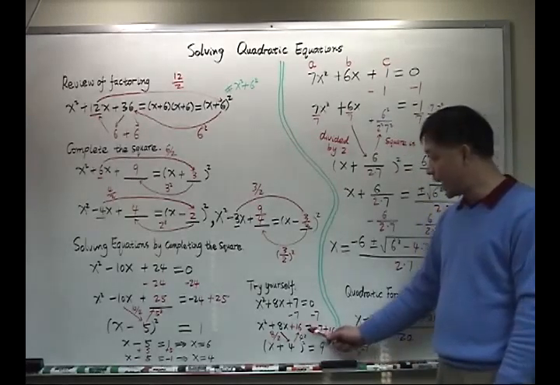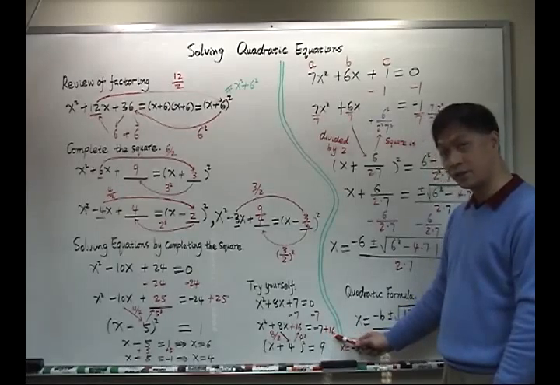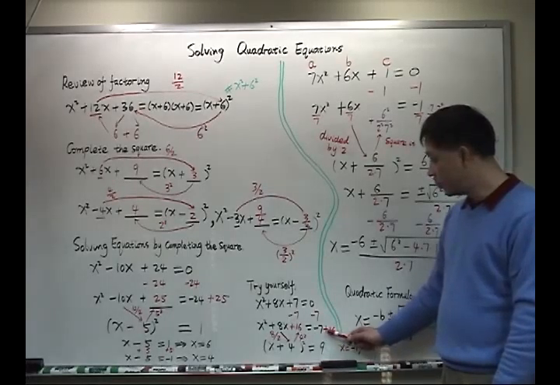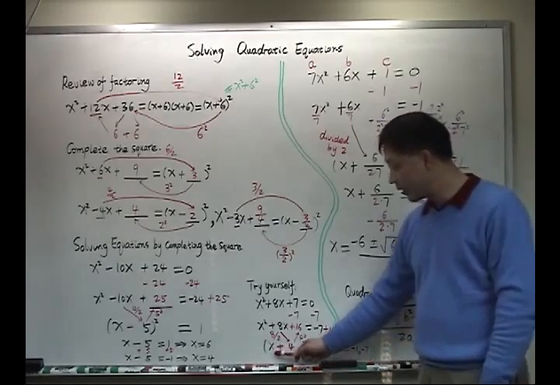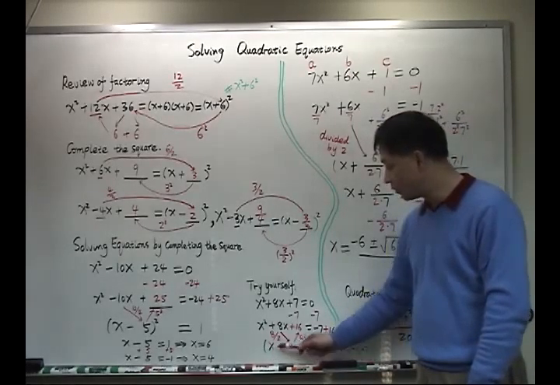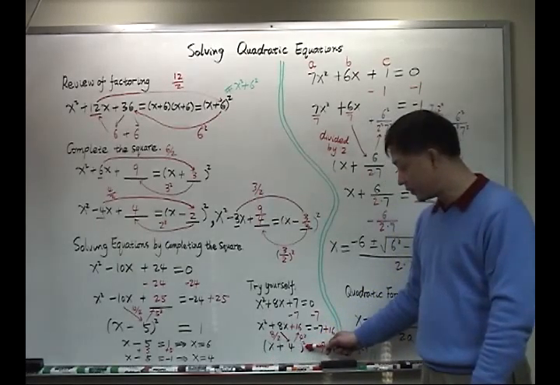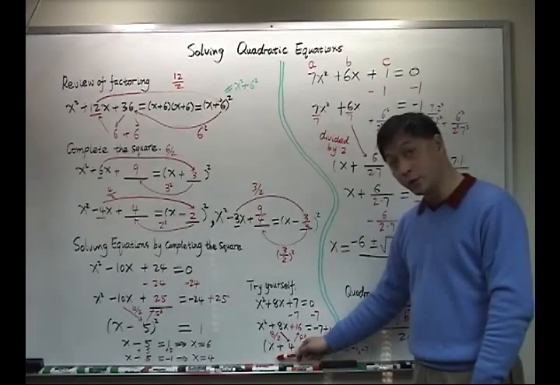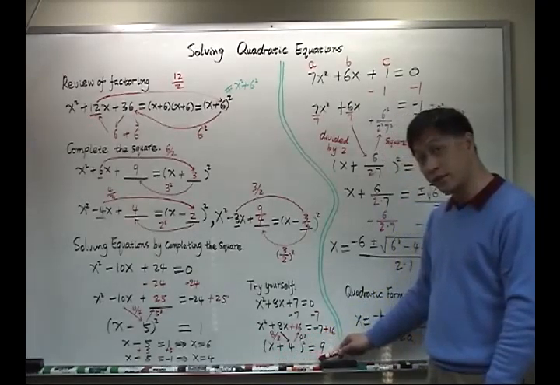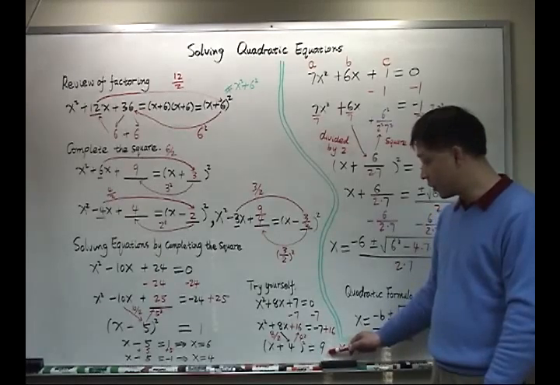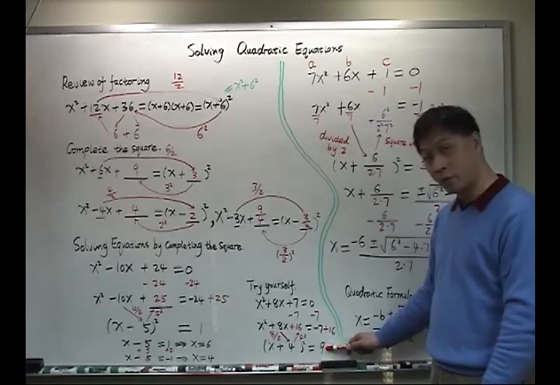Now again we add 16 on the left, we should add 16 on the right. 16 minus 7 is 9. And then here x plus 4 squared on the left-hand side. If we take the square root, we have x plus 4 equals positive or negative 3, because positive or negative 3, you square either one, you will have a positive 9.